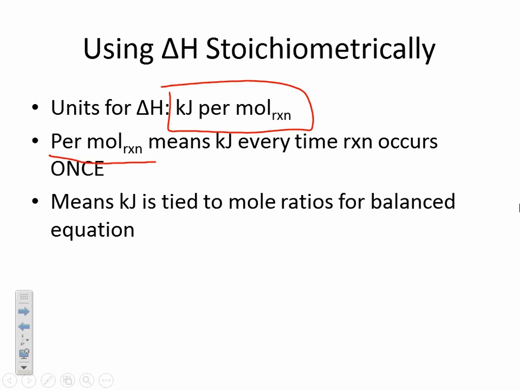Because the coefficients stand for moles, that delta H value is directly tied to the molar ratios in the balanced chemical equation. That means our delta H is linked to our coefficients.